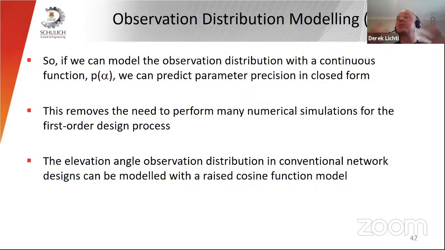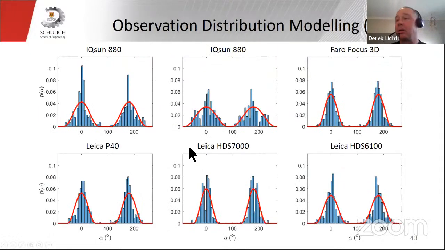The question comes, well, how do we choose an observation distribution? Well, we can go back to our empirical distributions, and we see that this red curve, which is a raised cosine model, it's got 2 lobes, actually fits the data reasonably well.